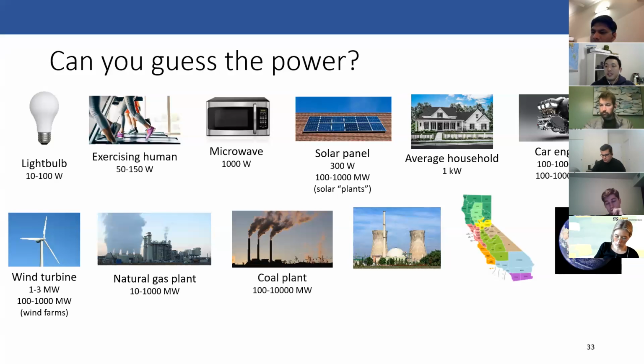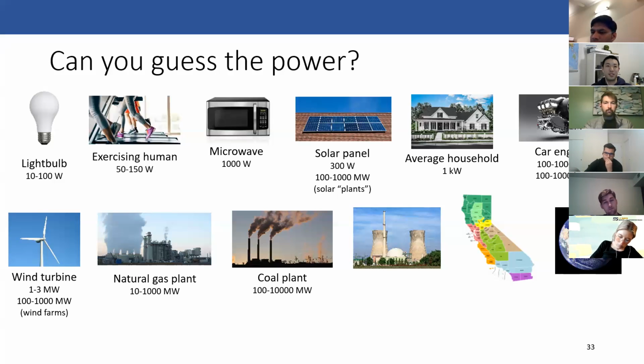Coal plants are typically a little bit bigger. You've got quite a few coal plants that operate in the gigawatt range. So there's nothing really that's going to be 10,000 megawatts. Again, this is on the order of magnitude. But actually, when I was in grad school, I used to live by the largest coal plant in the US at the time.